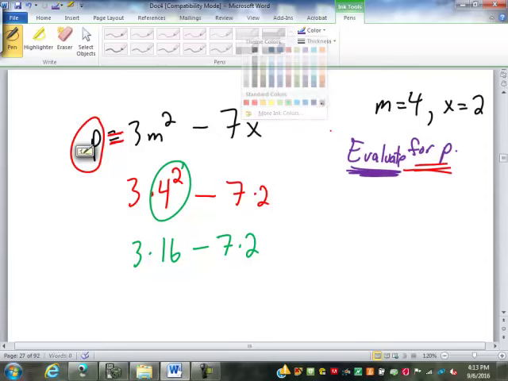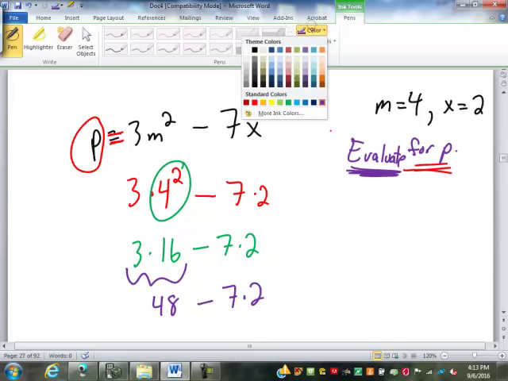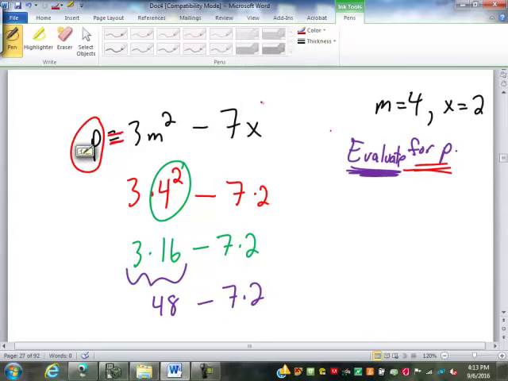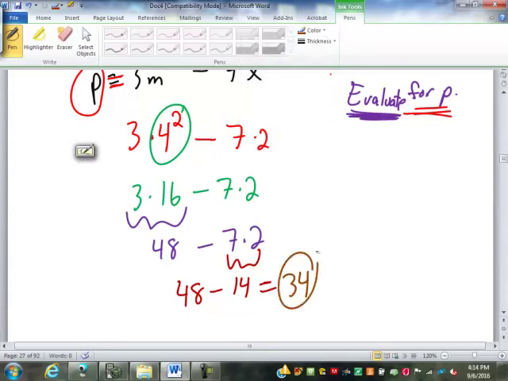What's next? Multiply. 3 times 16 is 48. And then 7 times 2 is 14. 48 minus 14? 34. Good. Any questions?